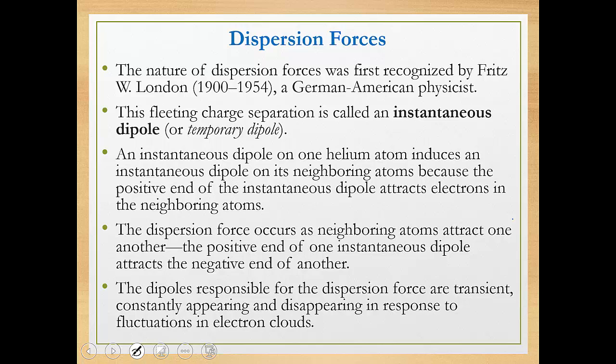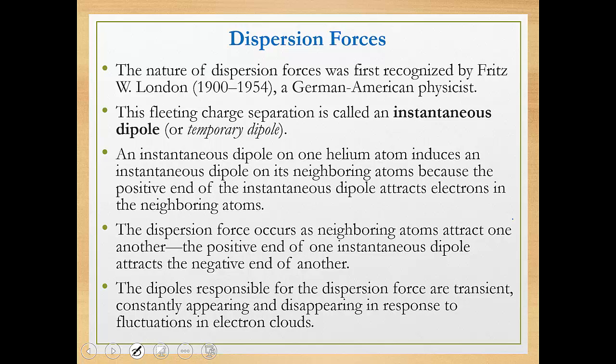That temporary charge can affect the electrons in the neighboring atoms or molecules and create temporary dipoles in those as well. Then all the neighboring atoms become attracted to one another. They line up just like magnets. The positive end of one instantaneous dipole attracts the negative end of the other, and you get these forces that help hold this thing together.